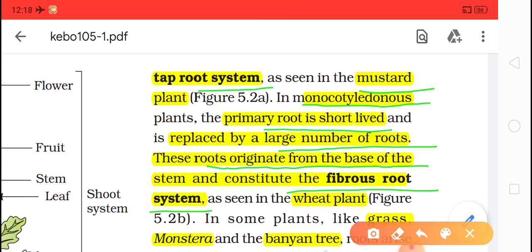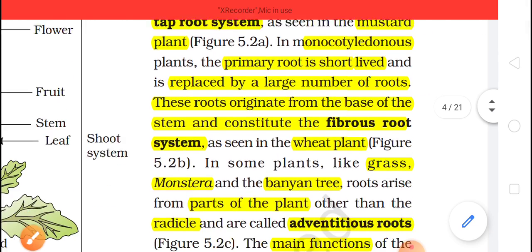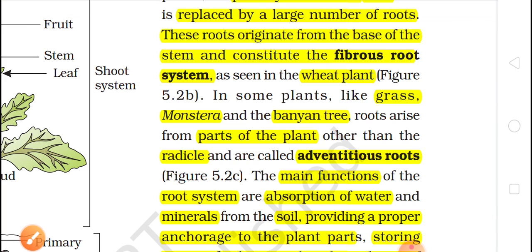For tap root, we can give the example of mustard, primary root, and any other trees you can take, and fibrous, wheat plant. Now next one, adventitious roots. Children, these roots develop from parts other than radicle, meaning above the root, from the stem they originate, and these roots are known as adventitious roots.